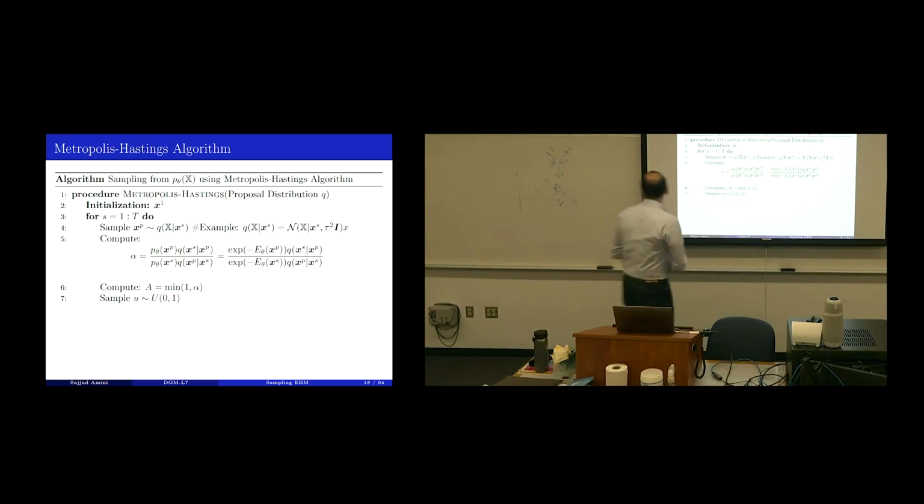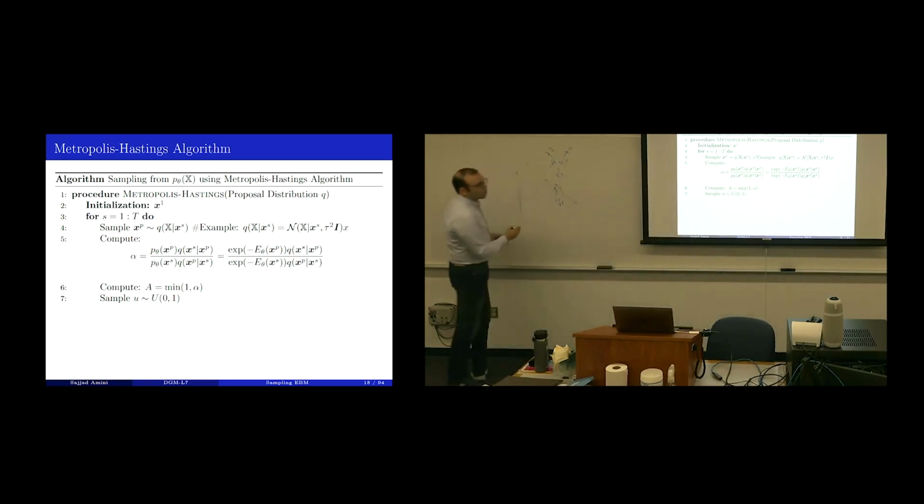It means that you compare q of xs given xp and q of xp given xs. If you swap the proposed point and the current sample, what happens to the value of Q?